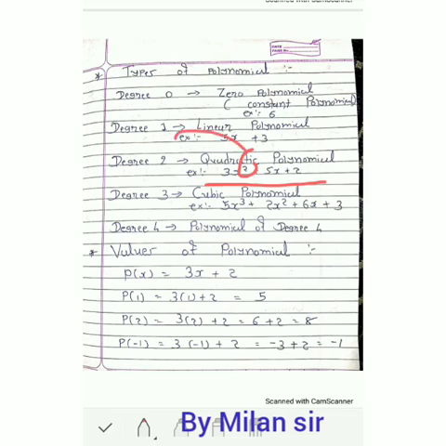That's why the degree is 2, and it is called a quadratic polynomial. Similarly, if the degree is 3, it is called a cubic polynomial. You can see here, the highest power of variable is 3. That's why the degree is 3, and it is called a cubic polynomial.